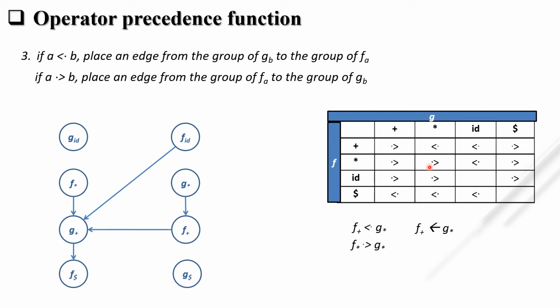We have one directed edge from f of star to g of star. Next, f of id and g of star, so we go from f of id to g of star. Next, f of dollar and g of star. What is the arrow? This one. So we go from g of star to f of dollar.